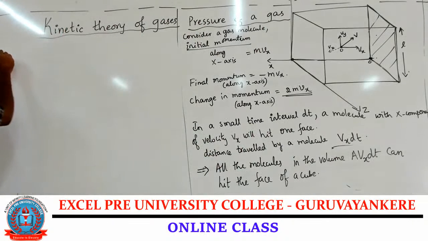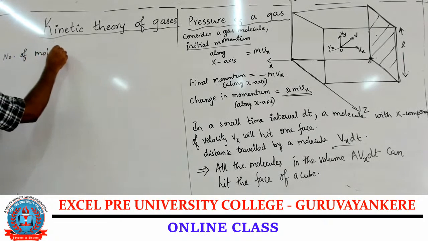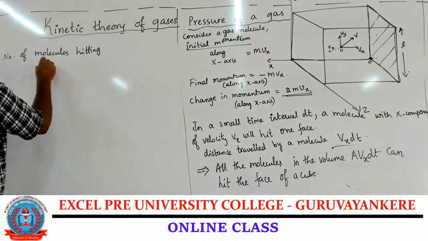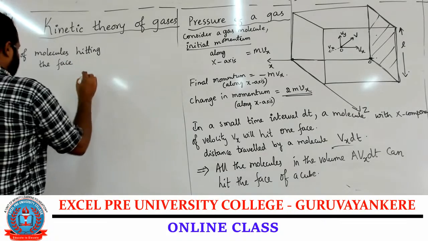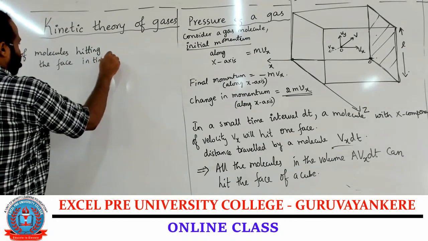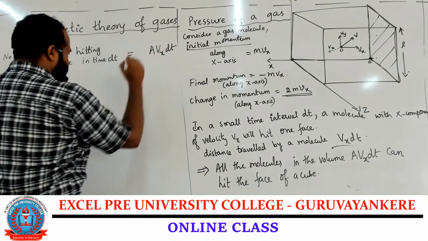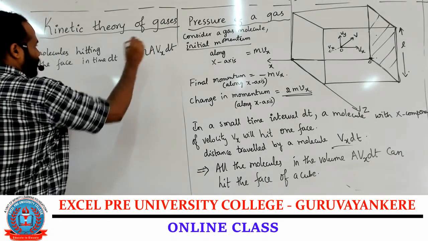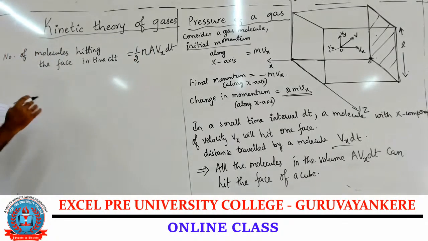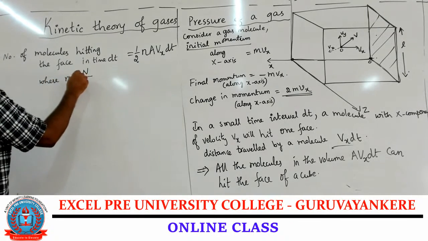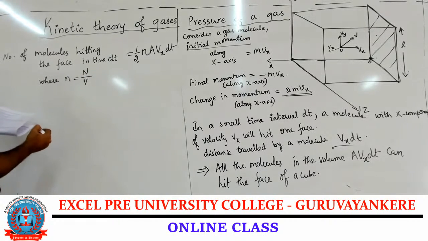So, number of molecules hitting the face of a cube in time dt is equal to A Vx dt times half n, where small n is number density, that is total number of molecules per unit volume.